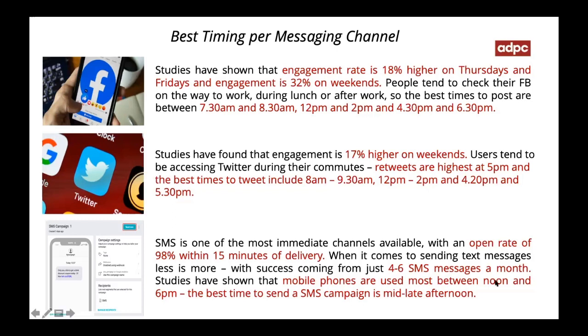But I would also like to emphasize here, 4 to 6 SMS messages a month is the ideal if you want to get your message across, because SMS is something personal, so you don't want to flood them. If you want to keep informing the community or your target audience, then 4 to 6 SMS a month would be fine. Never flood them. So I hope this helped.